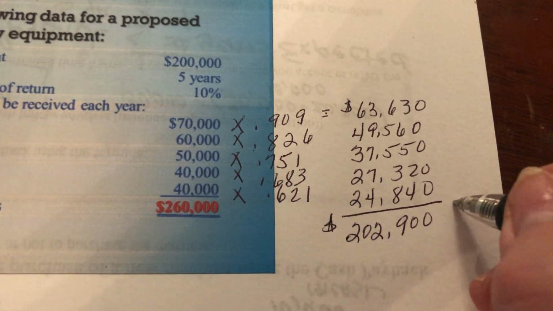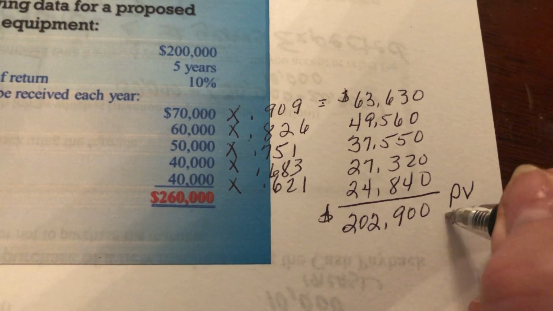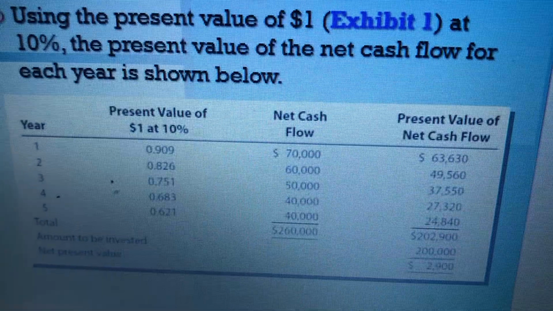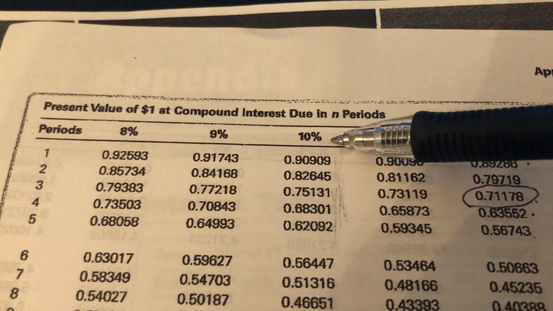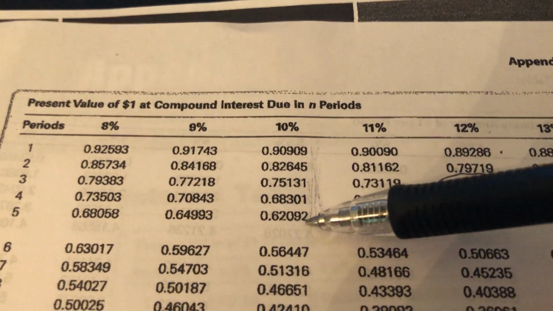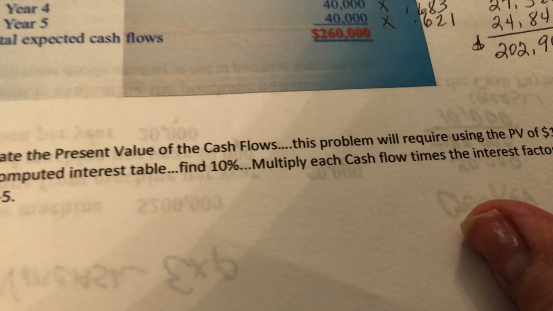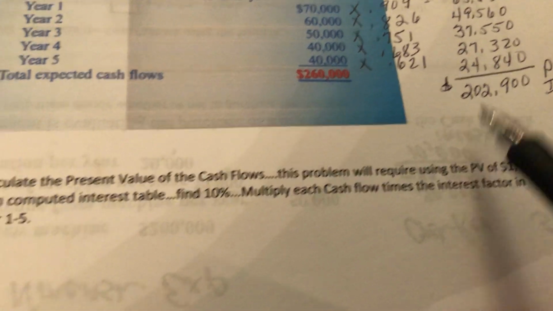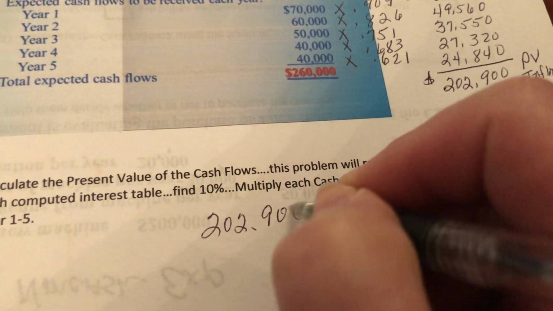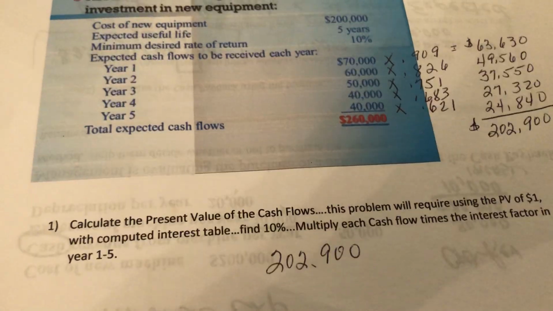Now, that's called the present value of the inflows, or the cash inflows. And it's the same thing that's showing on your PowerPoints. And again, the numbers came from the 10% column, year 1, year 2, year 3, year 4, year 5. Now, that's step 1 here. So what you've done is you've done this multiplication and you've come up with 202,900. Now let's go on to step 2.